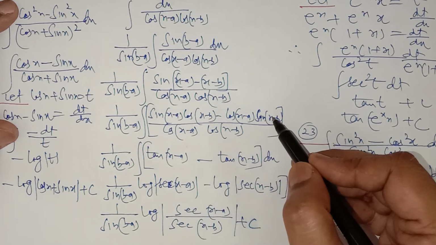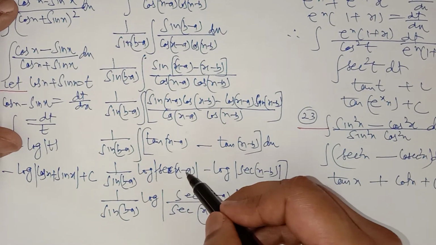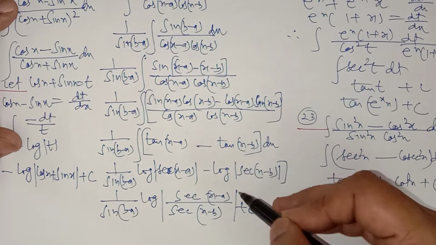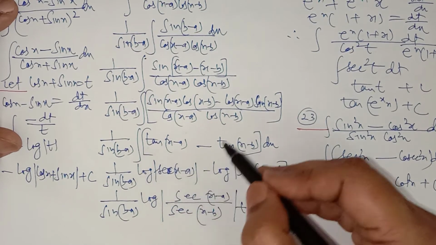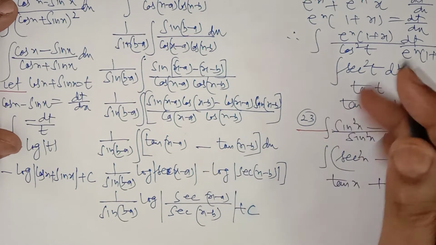It will become tan x minus b, and you know the integration of tan is log sec x. The integration of tan x minus b is log sec x minus b in the modulus. The integration of tan x is log sec x.